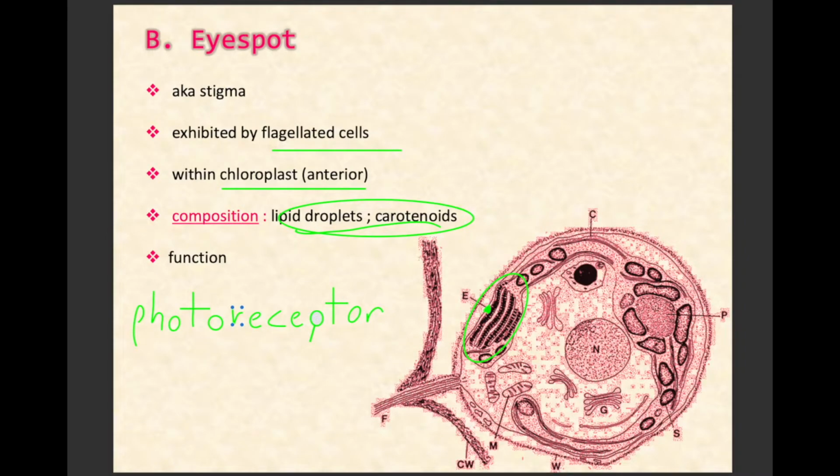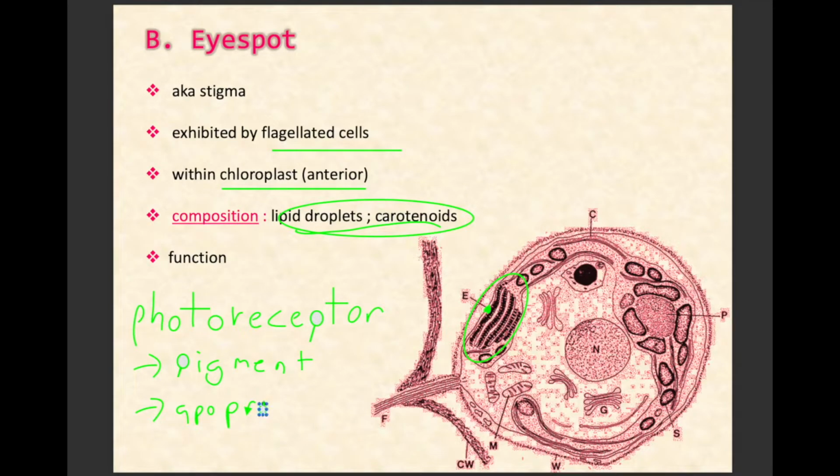Your photoreceptor is made up of your pigment plus the protein portion, the apoprotein portion.